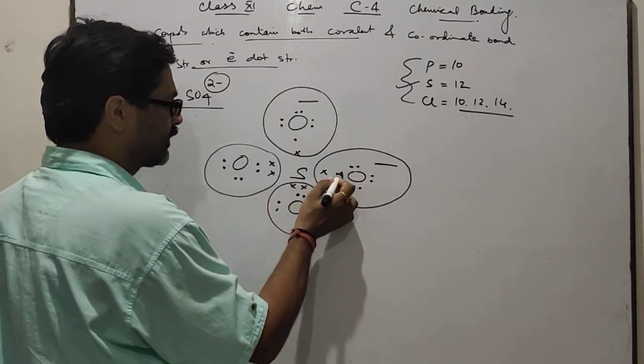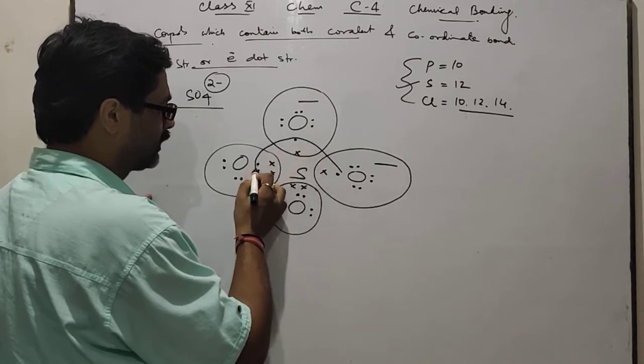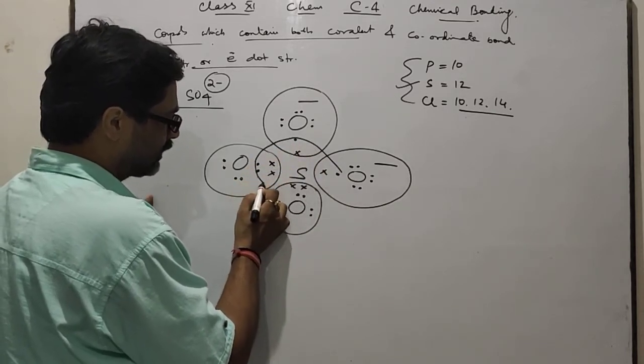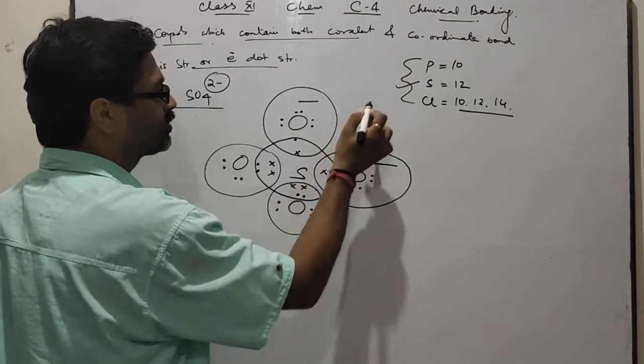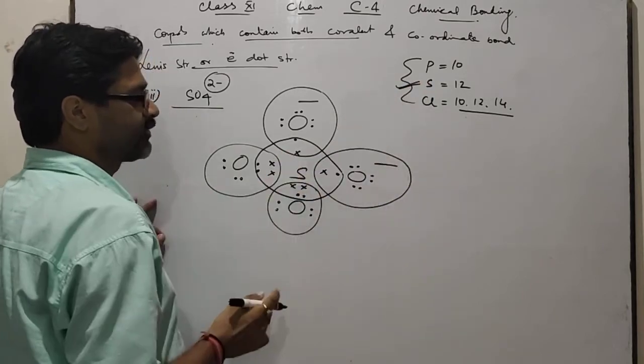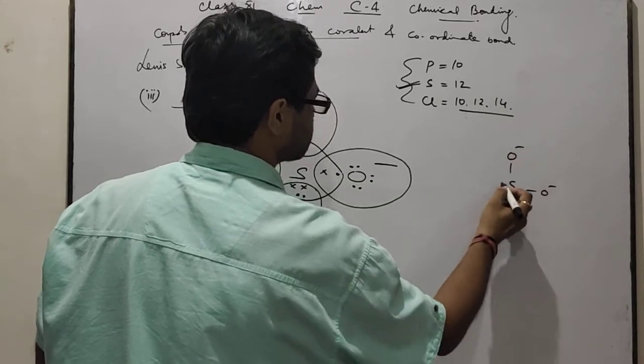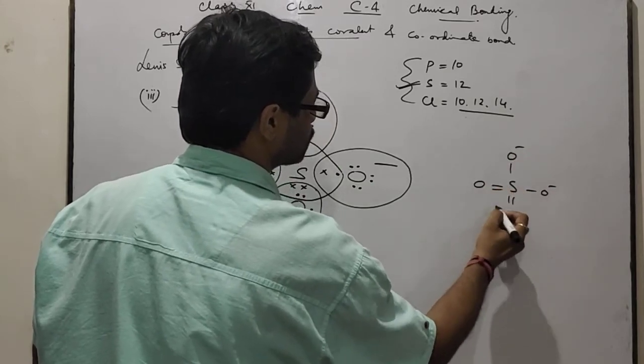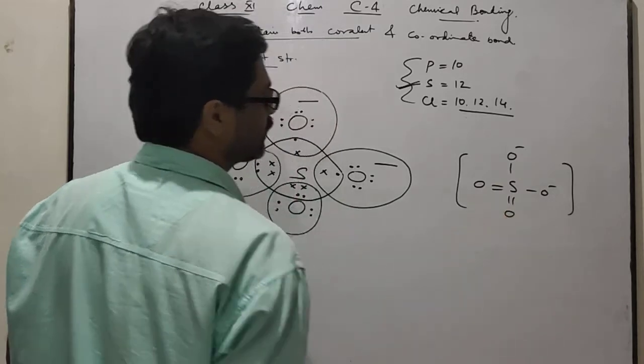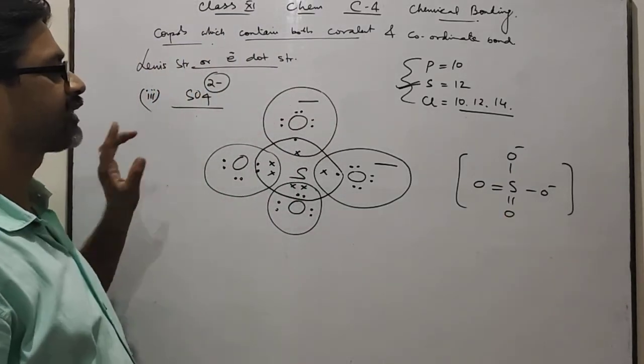Means in this way 2 plus 2 is 4, plus 4 is 8, and again 4, means a total of 12 electrons are completed by this sulfur atom. In this way it becomes like this. Here a double bond, here also a double bond, and in this way this is the structure of the sulfate ion.